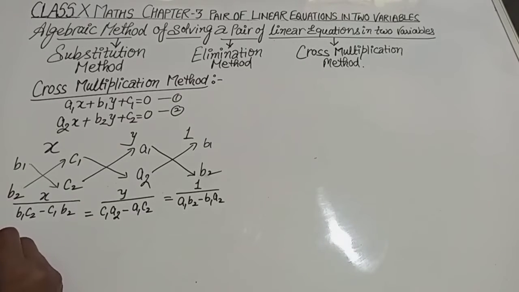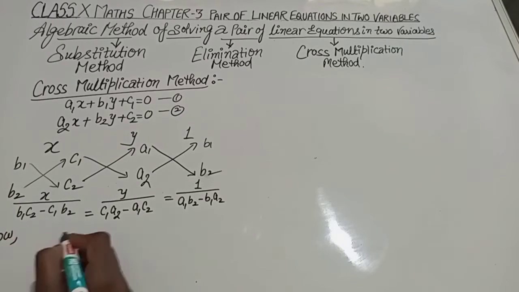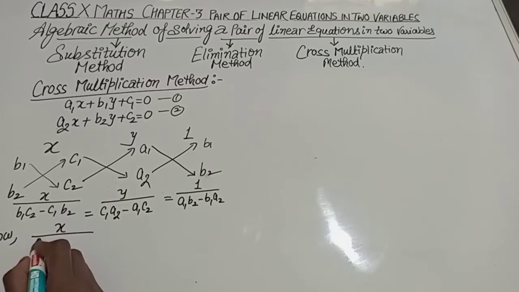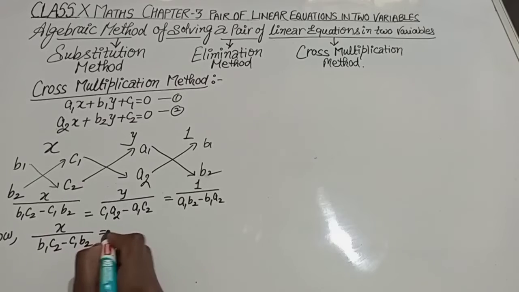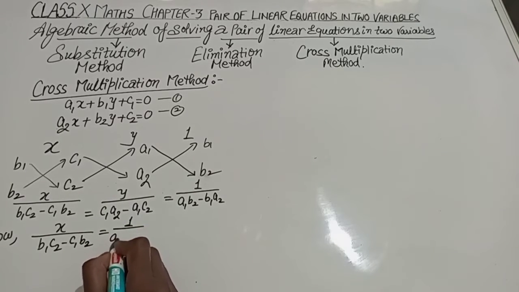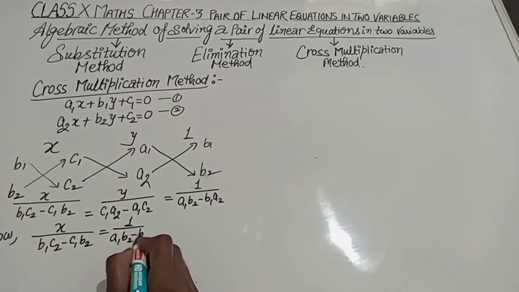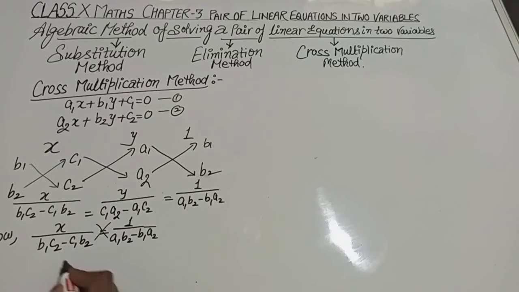So x upon b1 c2 minus c1 b2 is equal to 1 upon a1 b2 minus b1 a2. By cross multiplication, x is equal to b1 c2 minus c1 b2 upon a1 b2 minus b1 a2.